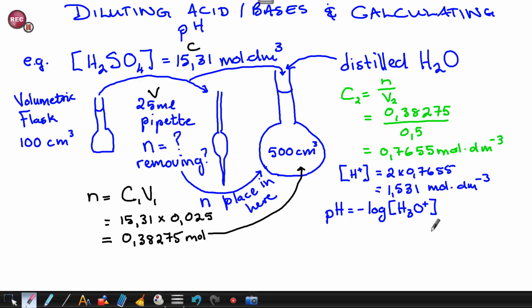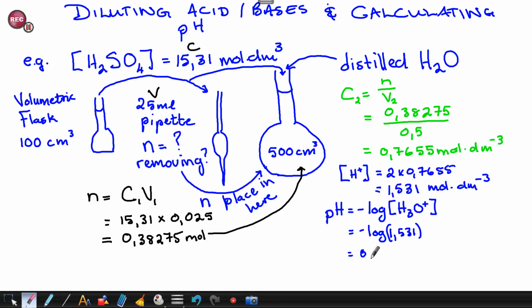Why do you use negative log? The mathematics behind it you can discover in grade 12 maths. So it's negative log of the 1.531, and that gives us negative 0.185.